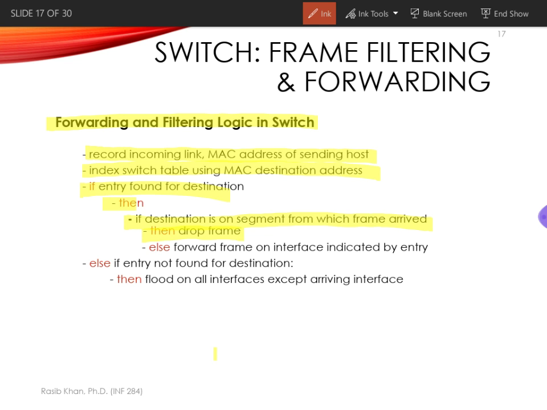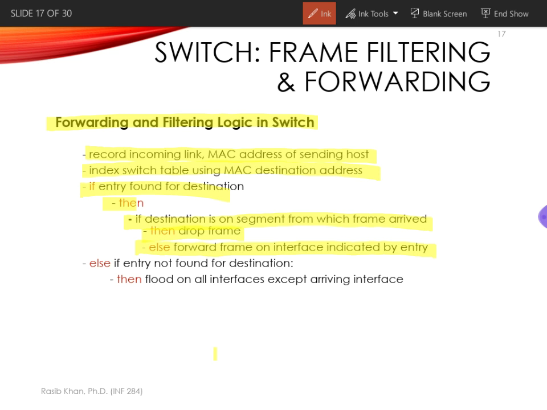However, if it is seen from the MAC address table that the destination is a different interface and a different segment of the Ethernet LAN, it then forwards the frame on that interface that is indicated by the entry.